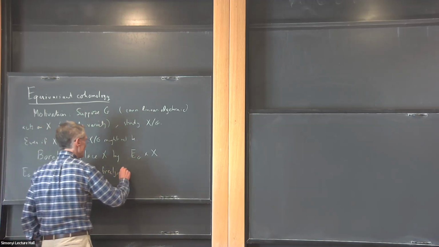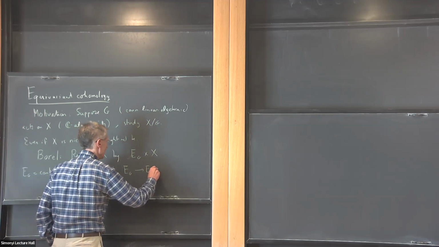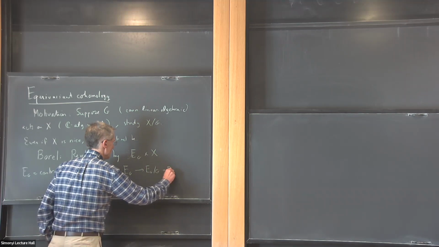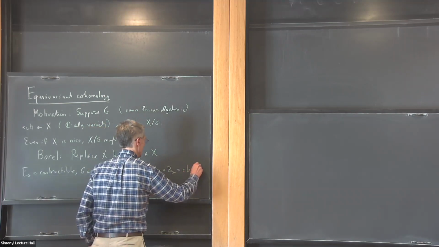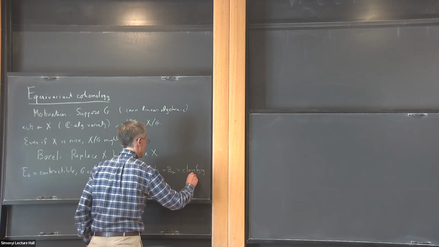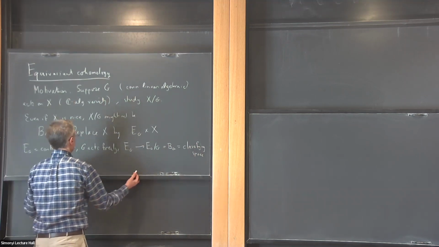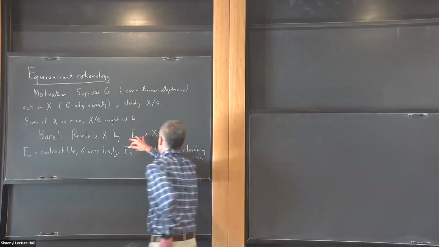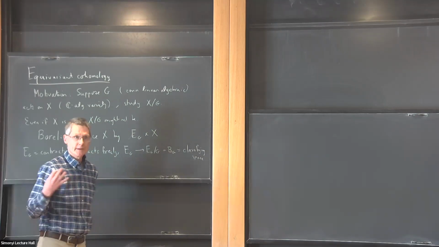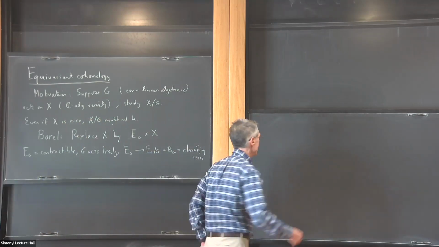I have a nice principal bundle quotient EG going to EG mod G, which is BG, called the classifying space. Because EG is contractible, this space has the same homotopy type as X. So you're not changing it, but you're making the action better.